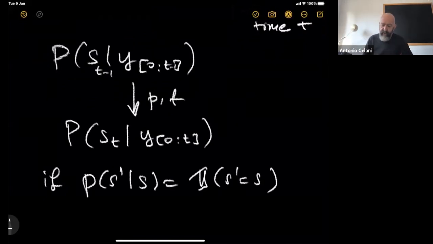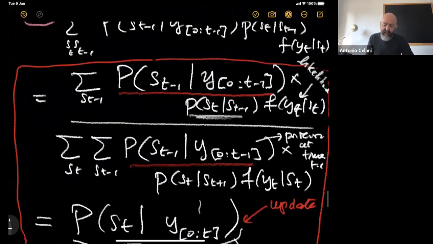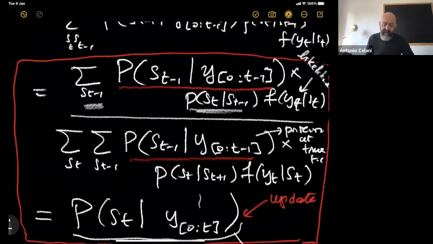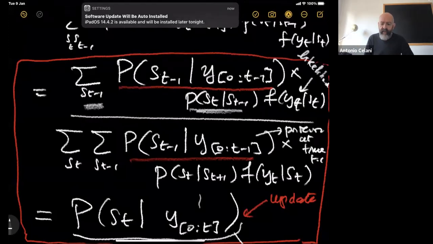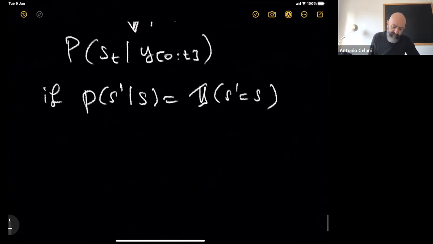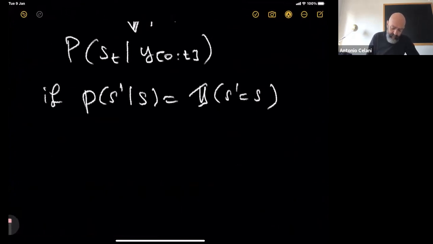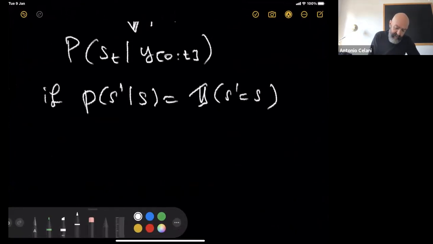If you are in this situation, you see that these sums here, okay, you can make them explicitly because this object is an identity. This probability distribution here is an identity. So in this case, this is an example, a remark.